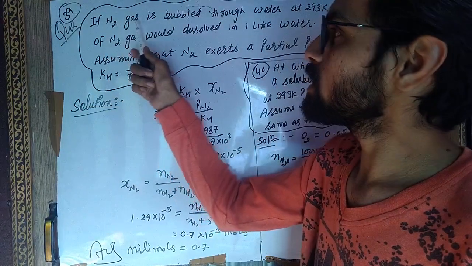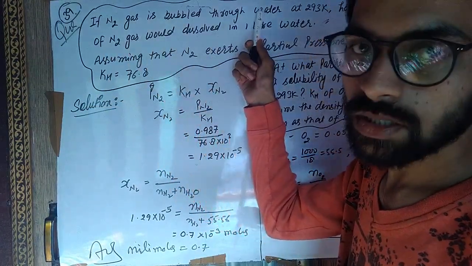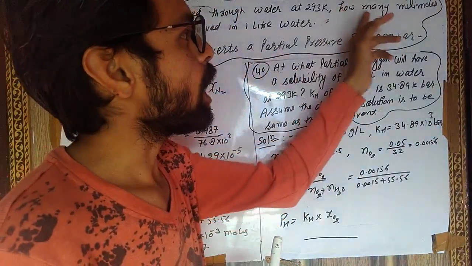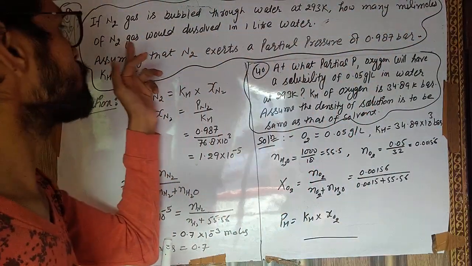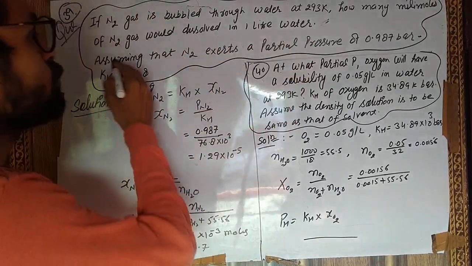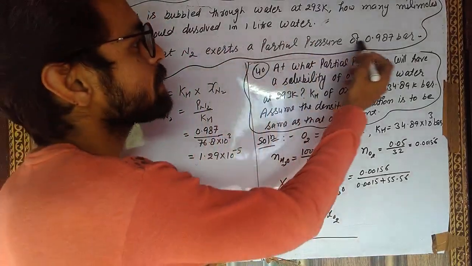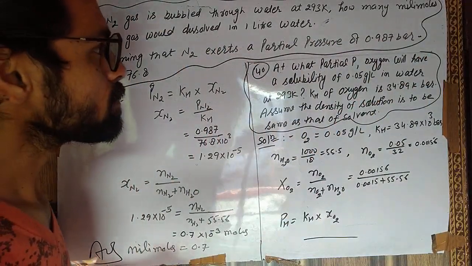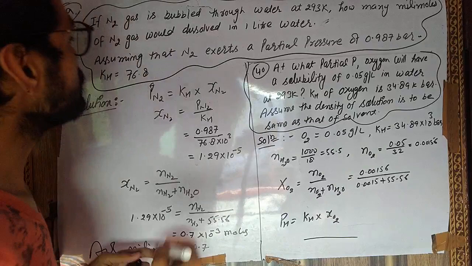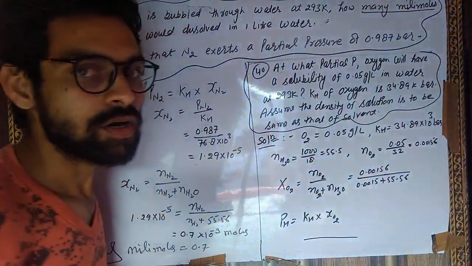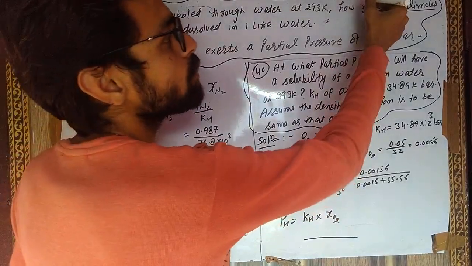If nitrogen gas is bubbled through water at 293 Kelvin, how many millimoles of nitrogen gas would dissolve in 1 liter, assuming that nitrogen exerts a partial pressure of 0.987 bar? In this question you have to calculate the millimoles, or first of all you will calculate moles.